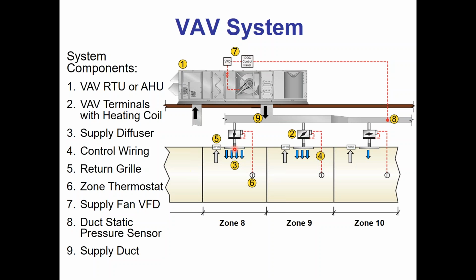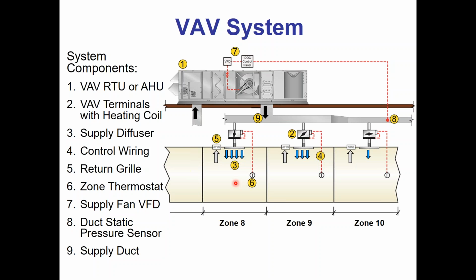And I still want the air to be thrown out to the sides, left, right, front, and back in my drawing. And I need to have a diffuser that has the ability to throw the air at low turn down levels. So you need to buy one that specifically is designed for VAV systems. Do not put a regular constant volume diffuser on a VAV system, or you're going to get dumping, which means whoever's desk is sitting right here is going to probably complain.